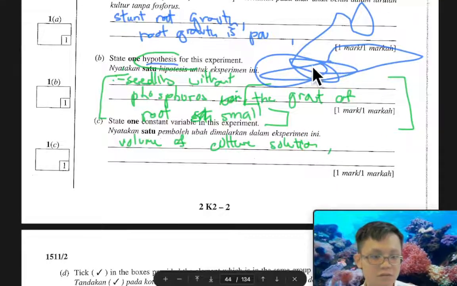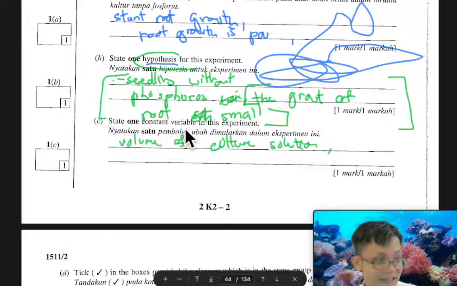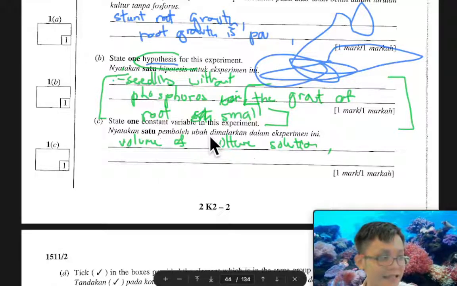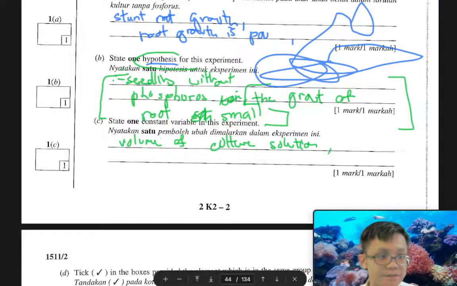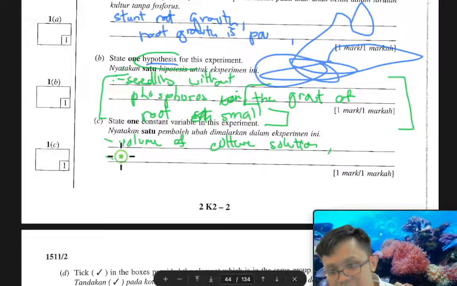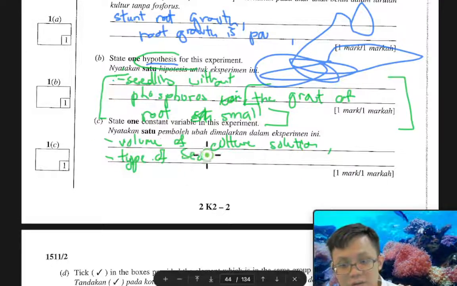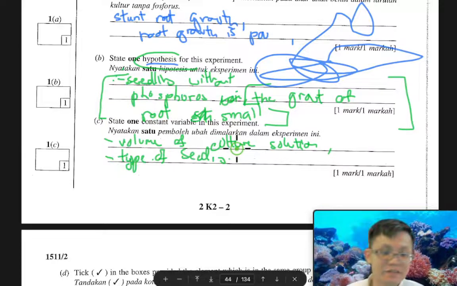The solution is something that we want to change. I think the better answer, though both are correct, is the type of seedling. I think this one is more accurate. Why is it more accurate?